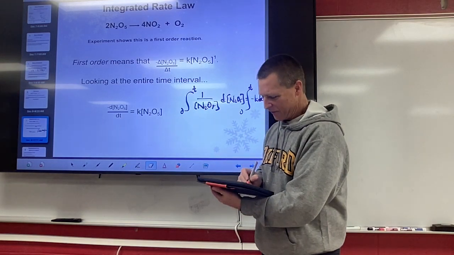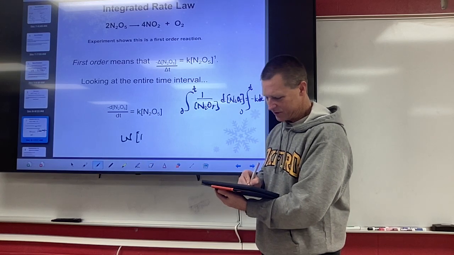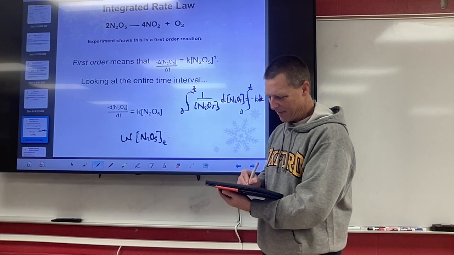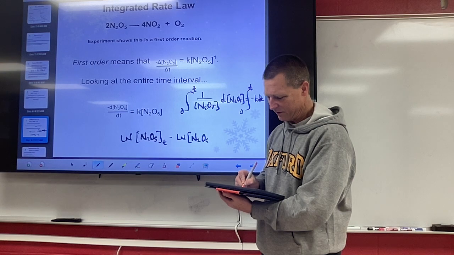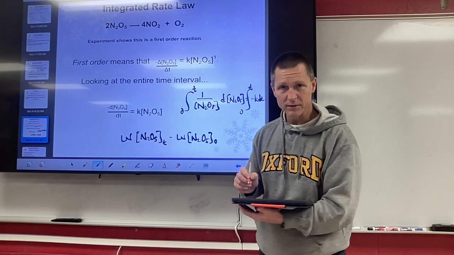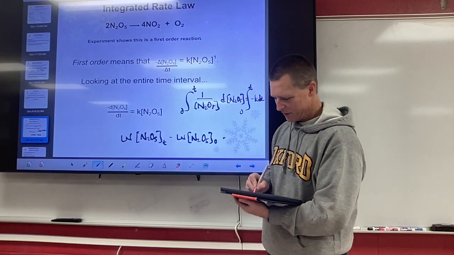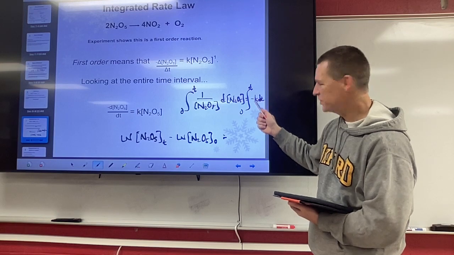But what we would have is the ln of the concentration of N2O5 at time t minus the ln of the concentration of N2O5 at time 0, over that time interval, equals, on this side, the integral from 0 to t of just dt.